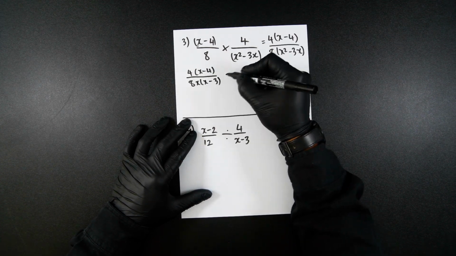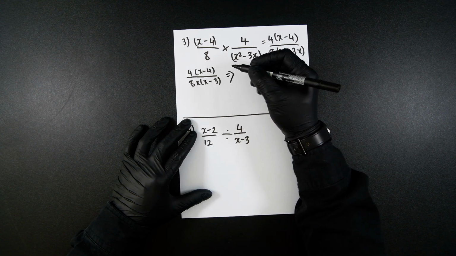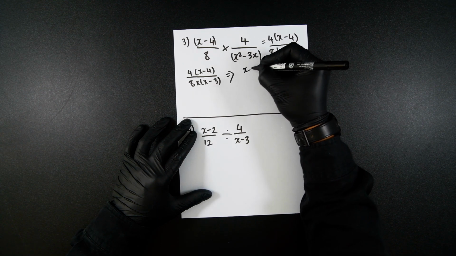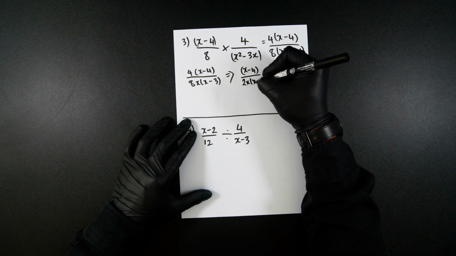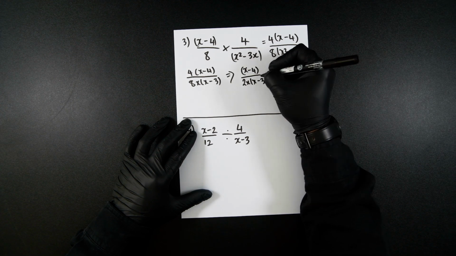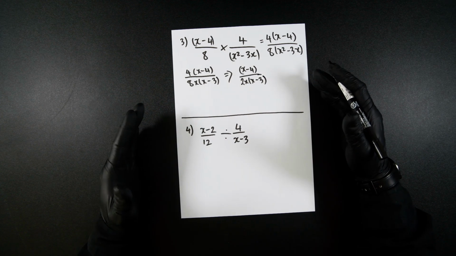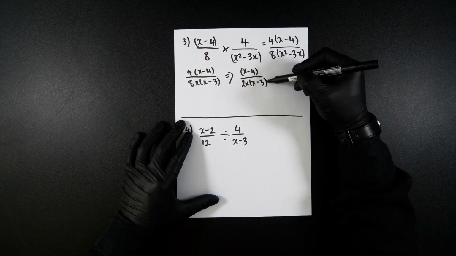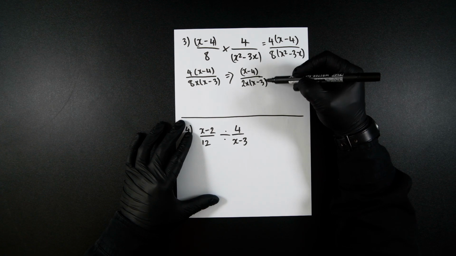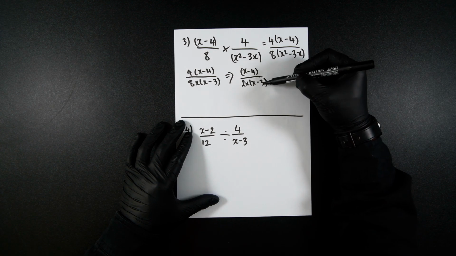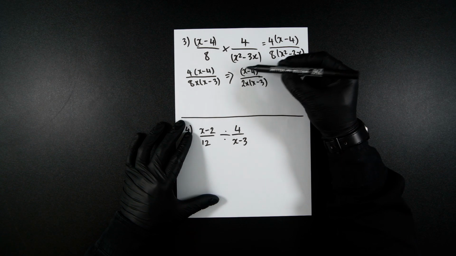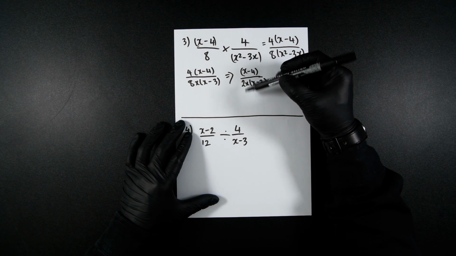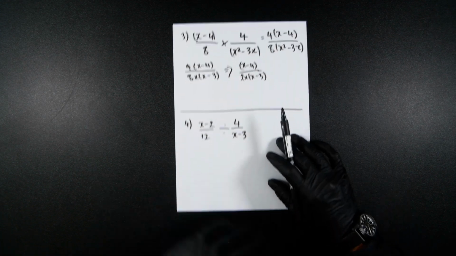This 4 and 8 is obviously divisible, so that would then become x minus 4 divided by 2x(x minus 3). When you get really juicy algebraic fractions, these two things in brackets, once simplified, are the same. So let's say this was x minus 4, and then they entirely cancel out, and that means the solution to this would be 1 over 2x. In this situation, that hasn't happened.